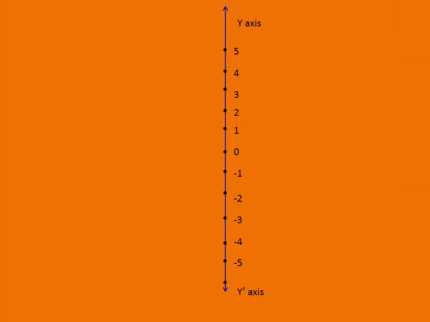The name of that vertical line, which is a number line, we name the y-axis. When I take it as the y-axis on top, I will write y dash below. The numbers associated with points on the y-axis we call the y coordinates of those points.